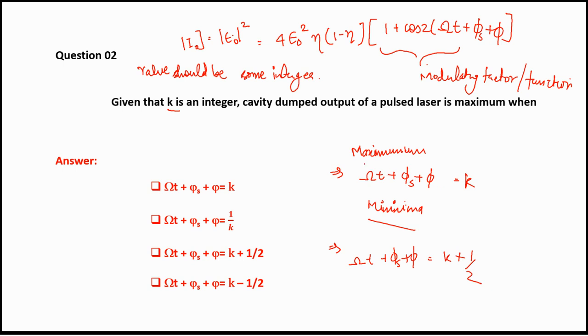Okay, so for minima we got this, for maxima we got that. Here the answer to this question is that the pulse laser is maximum when omega t plus phi s plus phi is equal to k. The relations I wrote are all wrong.